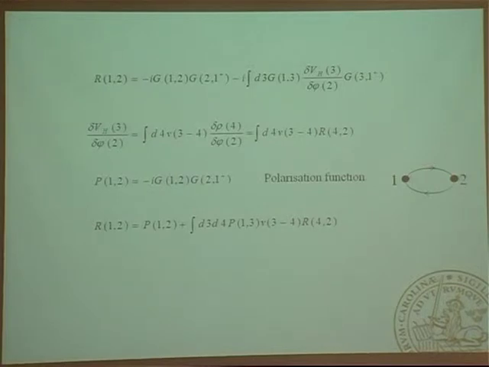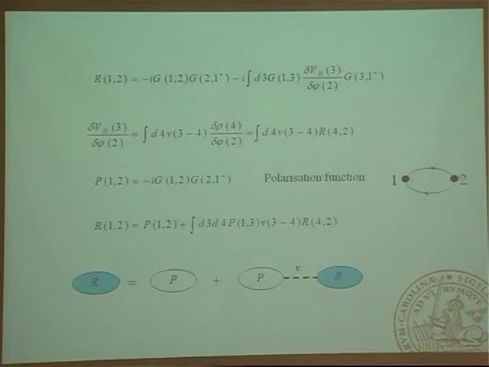So the RPA, from this point of view, is a little bit more general, because this Green's function doesn't have to be a non-interacting Green's function. It can be interacting Green's functions. It's just that the polarization is given by the product of the two Green's functions.